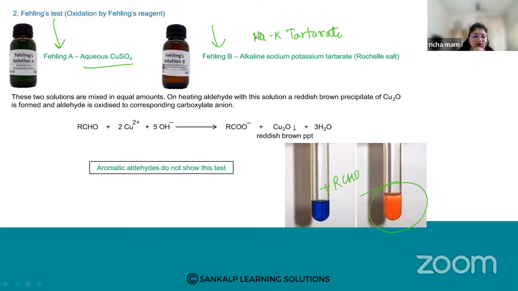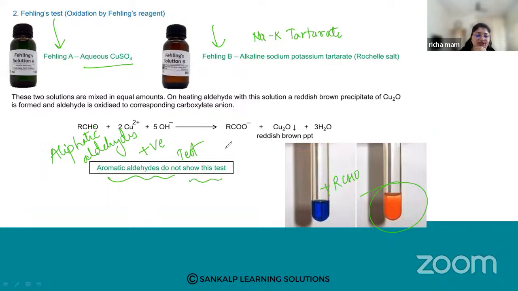Both the Tollens reagent and Fehling's solution are used for this distinguishing test. Only aliphatic aldehydes will show this test. Whenever you have aliphatic aldehydes, only these will give the positive test. Aromatic aldehydes will give a negative test.